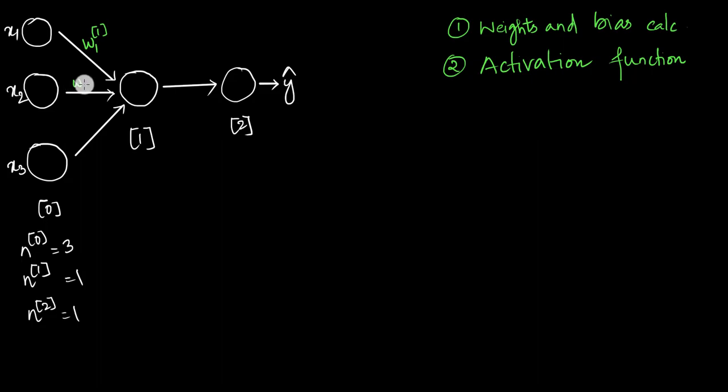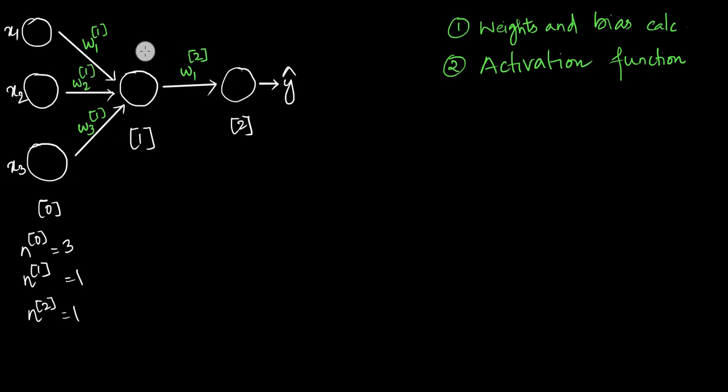So this is another weight, W2, again in the first layer, and again we'll have W3 here, weight 3 in the first layer. So these are the three weights here. Similarly, here we'll have W1 in the second layer.